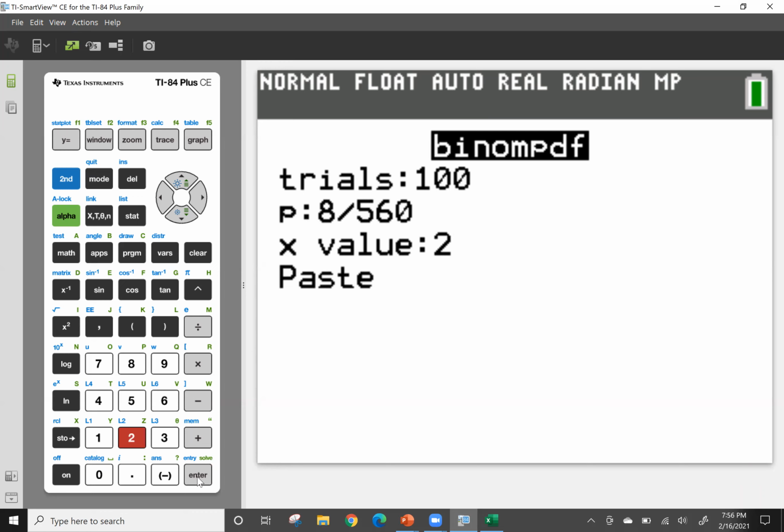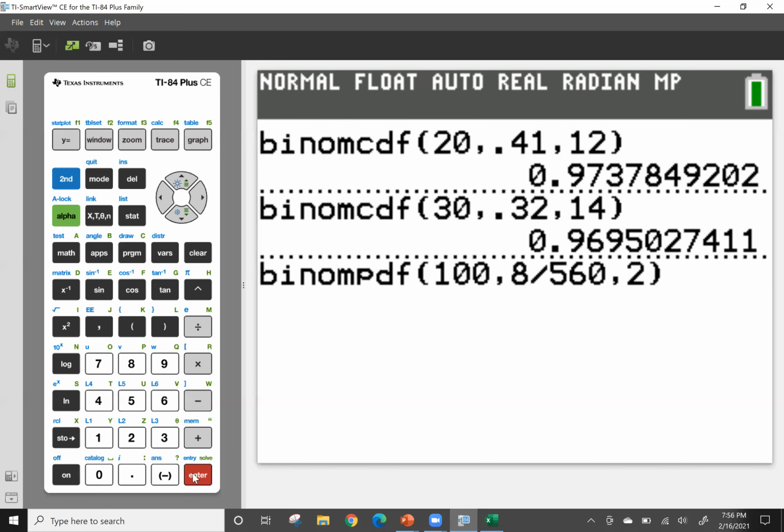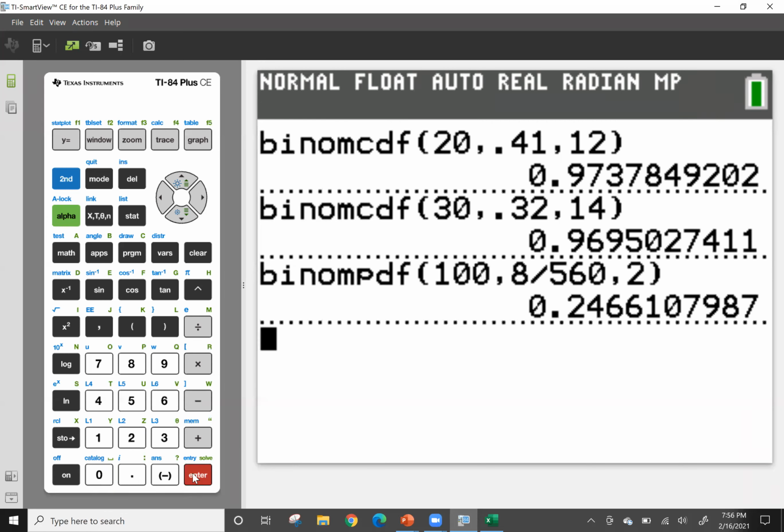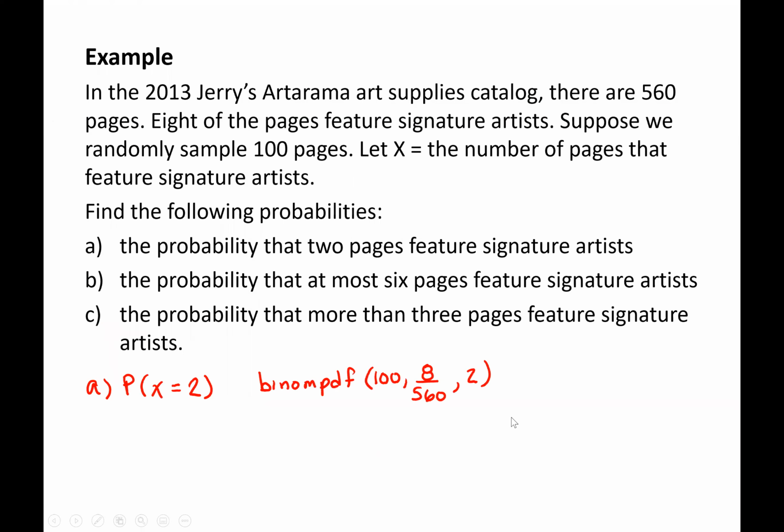Now I hit enter again, and then paste this back into my home screen. And I get 0.2466. So you see, I didn't actually have to do the probability calculation before I put it in my binomial distribution. My calculator can do that for me. So this was equal to 0.2466.